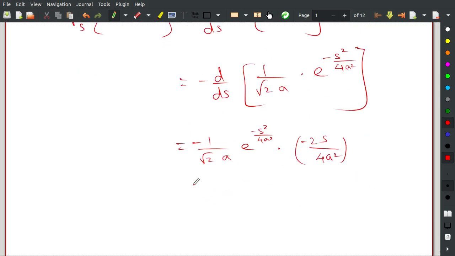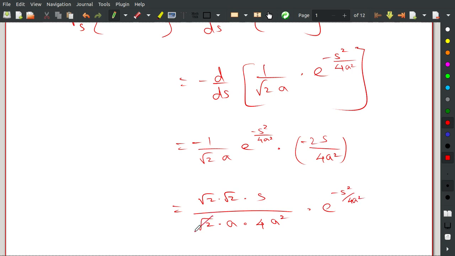So this minus and this minus get cancelled, and this 2 can be written as root 2 into root 2, into s divided by, here we have a root 2 and a, and from this we have 4a square, right, and we have another exponential of minus s square by 4a square.